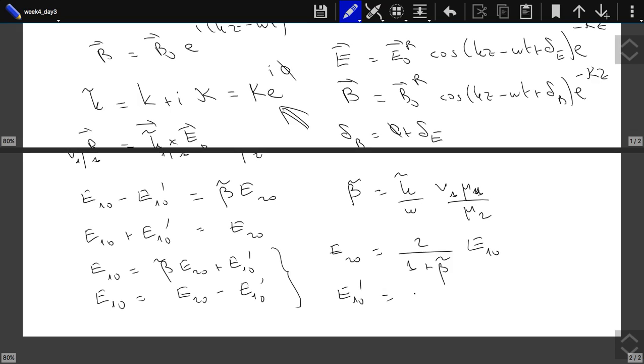is equal to beta tilde minus 1. No. E10 prime is E10 minus E20. No, E20 minus E10.